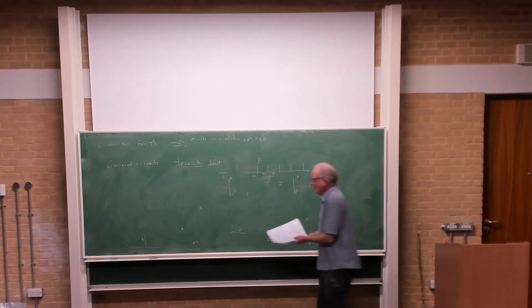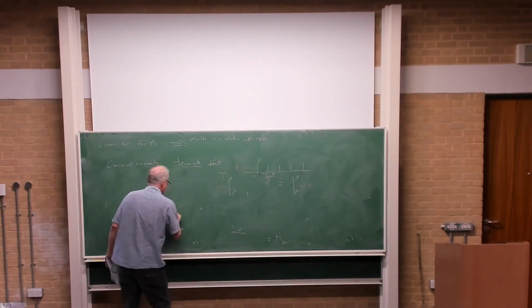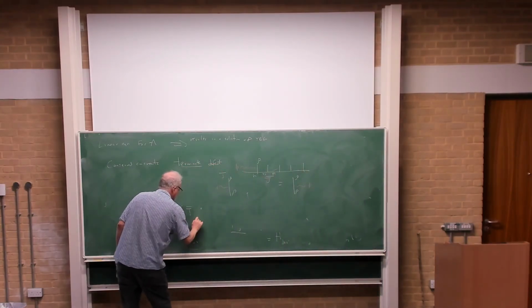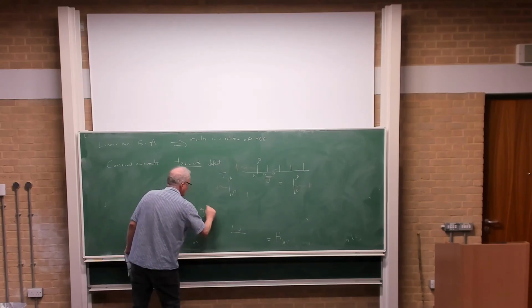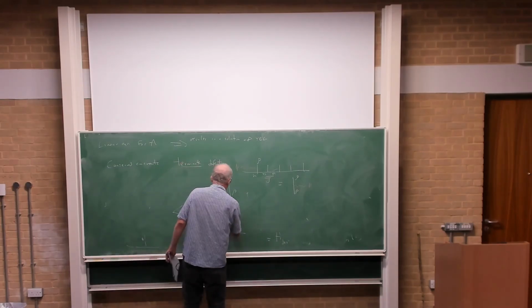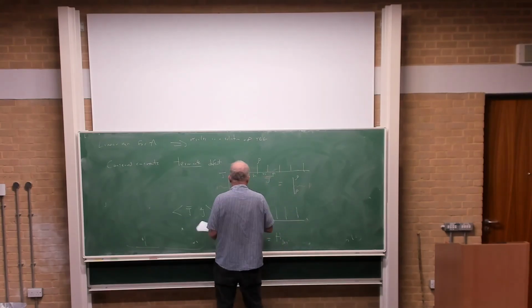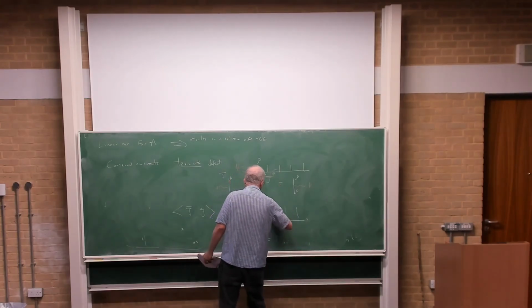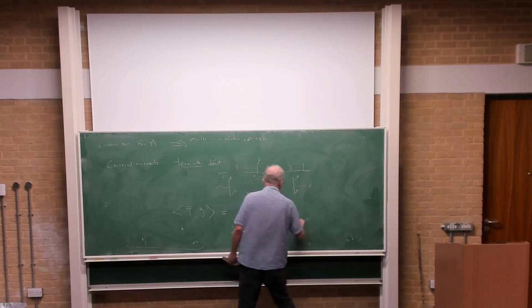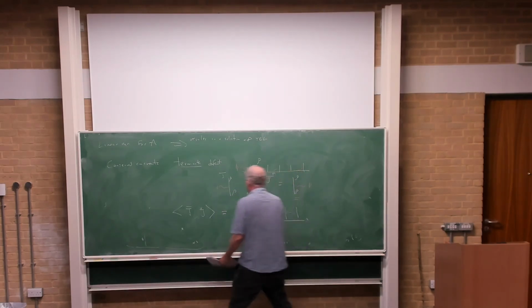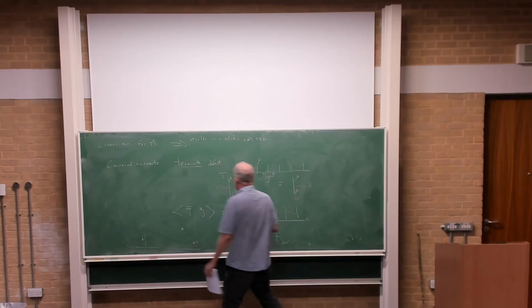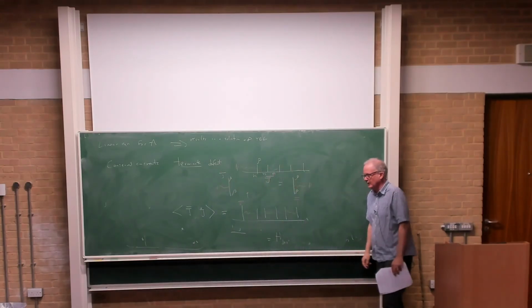Now, for example, I can define a two-point function in the following fashion. J bar J would just be the following thing. So that's the J bar, and that's the J, right there.